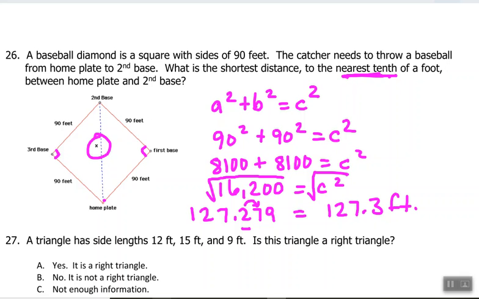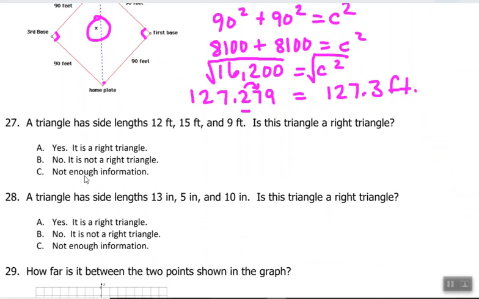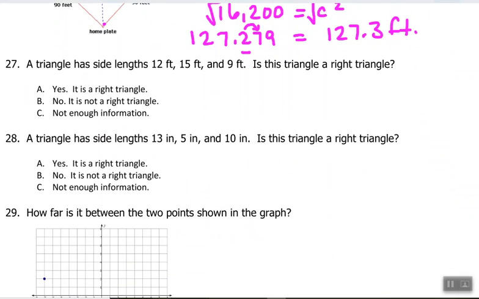All right. So these last couple of questions: a triangle has side lengths 12, 15, and 9 feet, and we want to know, is that a right triangle? So things to remember, your longest side is always going to be your hypotenuse. So I know a squared plus b squared has to equal c squared if it's a right triangle. So let's see if it is. This has to be c, right? Because that's the biggest one.